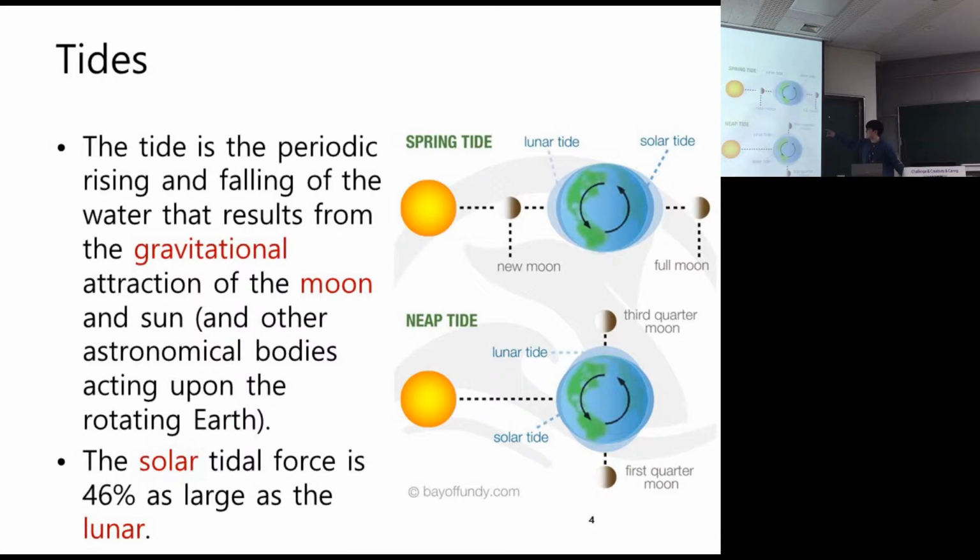Because the earth orbits the sun, it keeps on getting the gravitational attraction from the sun, and as the moon orbits around the earth, the ocean part that is near the moon becomes higher.